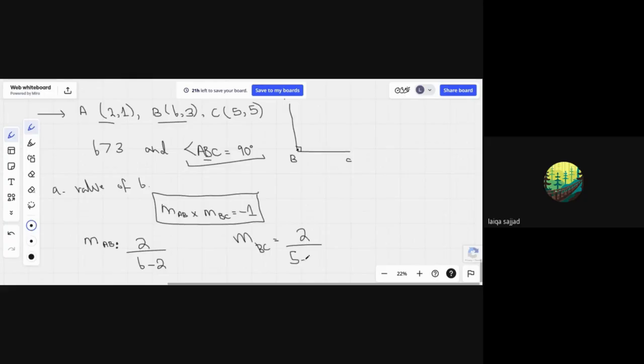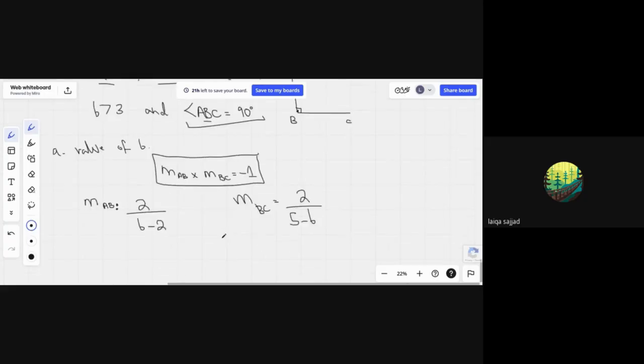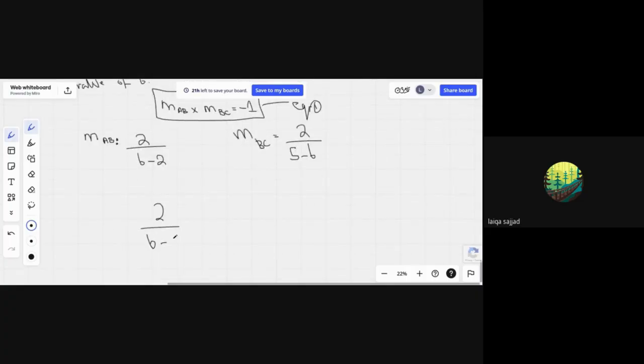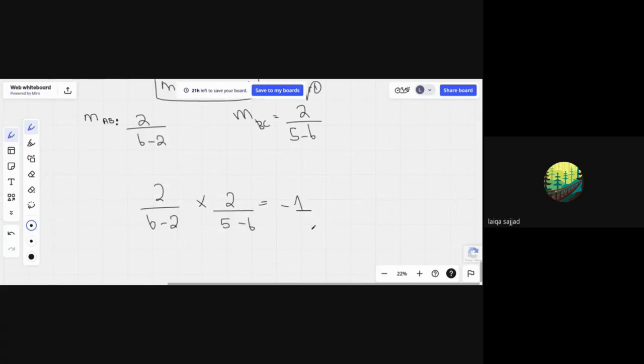Now we have the values and we will put them into this rule, that when we multiply them we should get -1. So it will be 2 divided by b minus 2, multiplied by 2 divided by 5 minus b, equals -1.